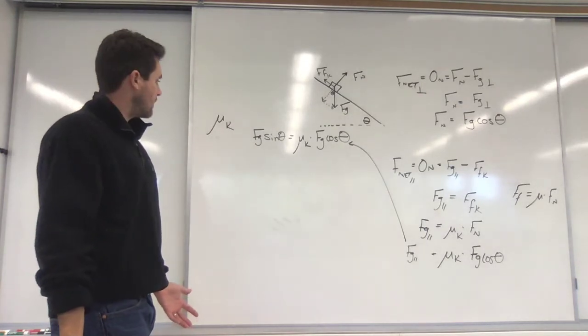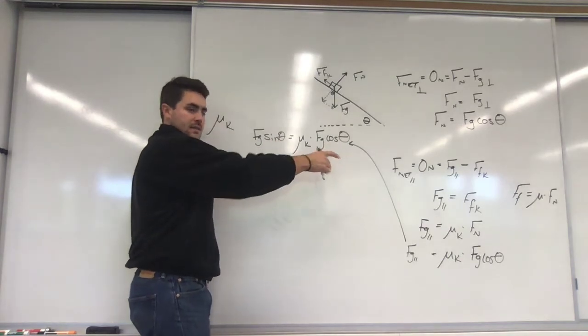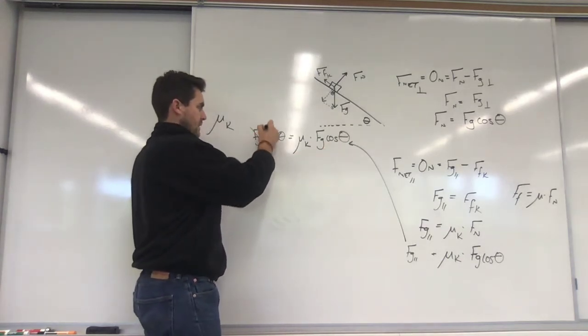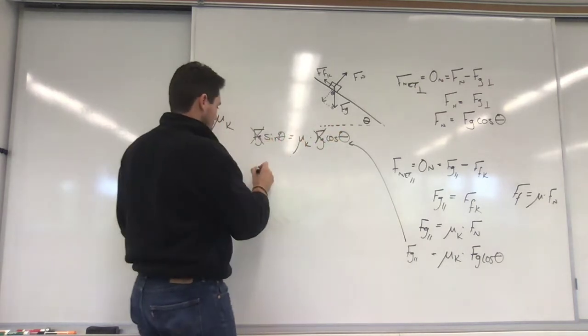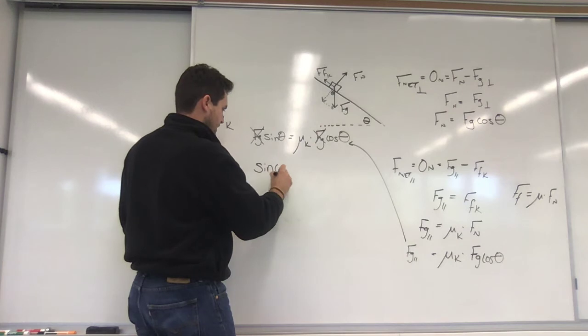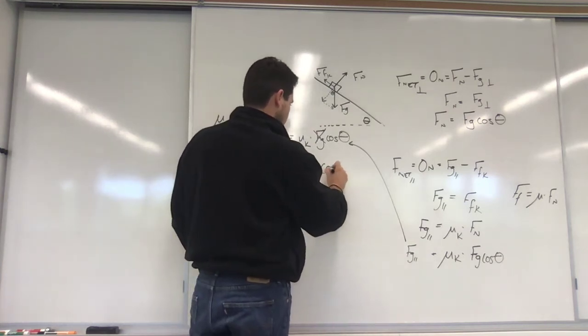Folks, there's something here. Both of these terms have Fg in them. I can cross out Fg. I can divide both sides by Fg. Here's what I'm left with: the sine of theta equals the coefficient of kinetic friction times cosine theta.